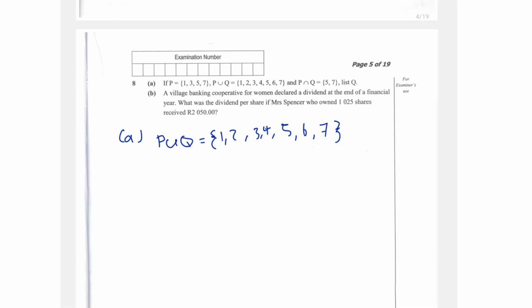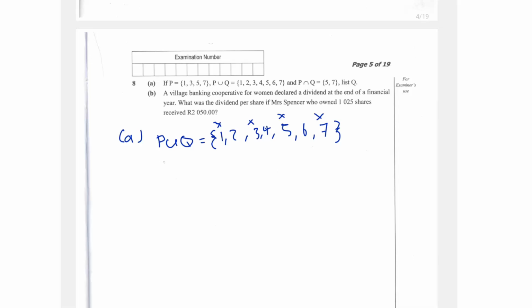From this set, we can cancel out the elements which are found in the set P. The ones which are found in the set P are 1, 3, 5, and 7.